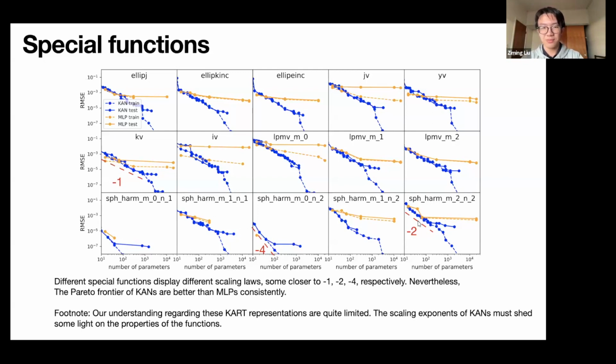There are even more unsatisfactory scaling laws for the KV, which is another special type of Bessel function here, where the scaling law is actually -1, which is even worse than spline interpolation in 2D. But MLP performs even worse.